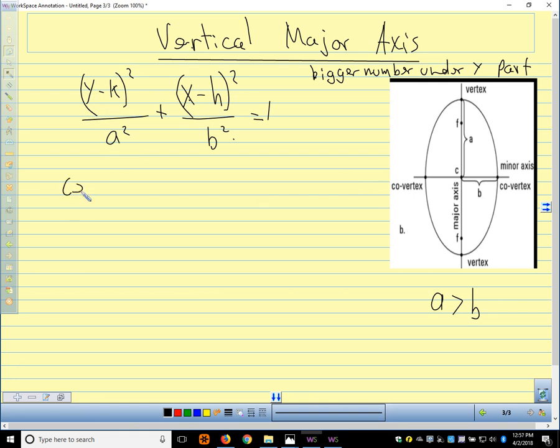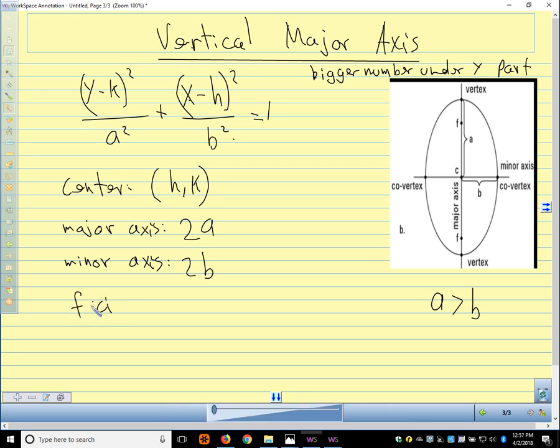Our center is still at (h, k). Our major axis is still 2a units long. From here to here is 2a units. Our minor axis, from here to here, is still 2b units long.